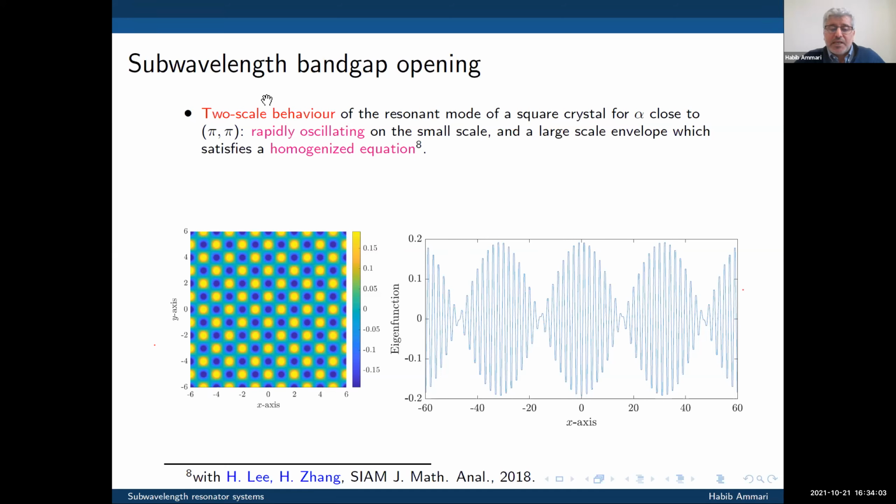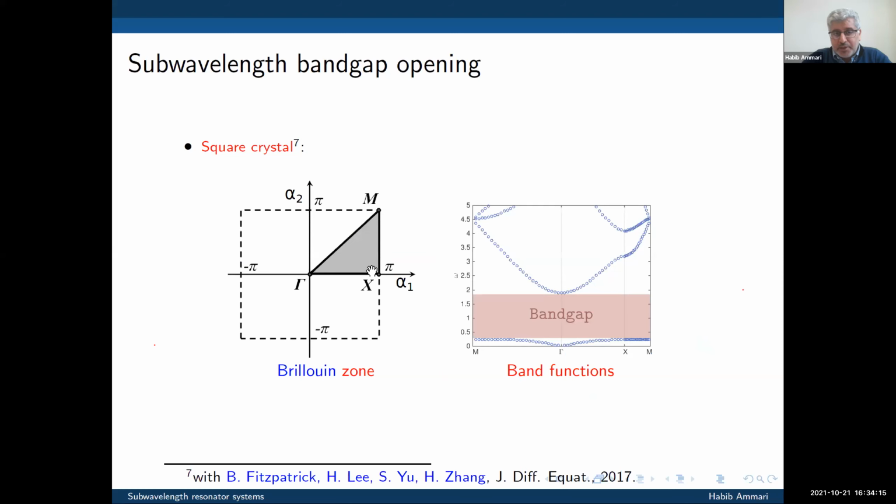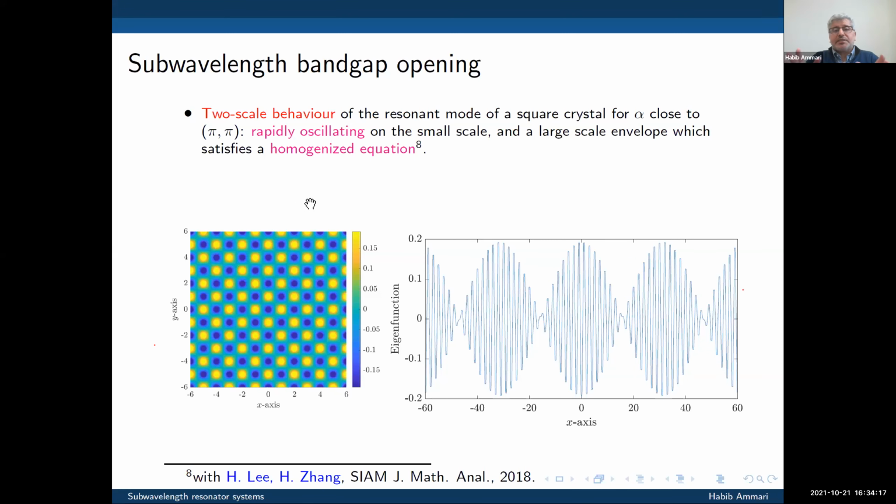We can prove that the eigenmode, this Bloch eigenmode, has two-scale behavior for frequencies or quasi-periodicity which are close to this M point here, to pi. We can prove that it's a rapidly oscillating function at the small scale, as you can see here, and there is a large scale envelope which satisfies a homogenized equation.